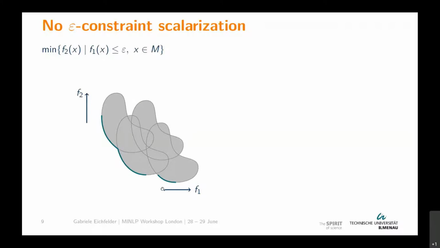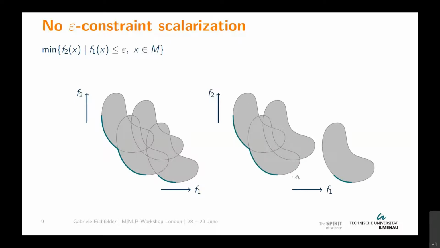And when you choose different upper bounds epsilon, you might find different points here on the green curve. But of course, if the situation looks like this one here on the right-hand side, and I could even move this set here on the right-hand side even farther away, then we have huge gaps. And this makes it difficult to choose the upper bounds epsilon.